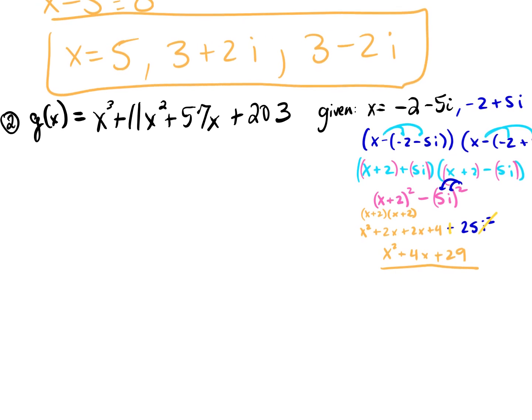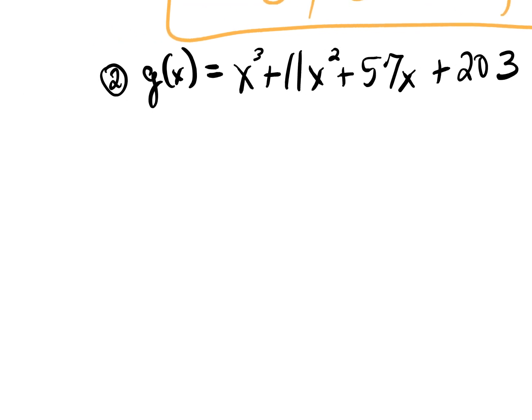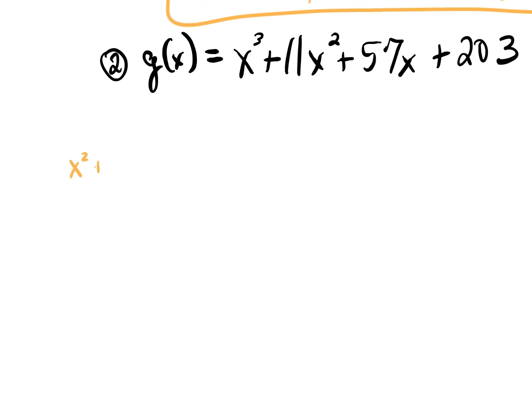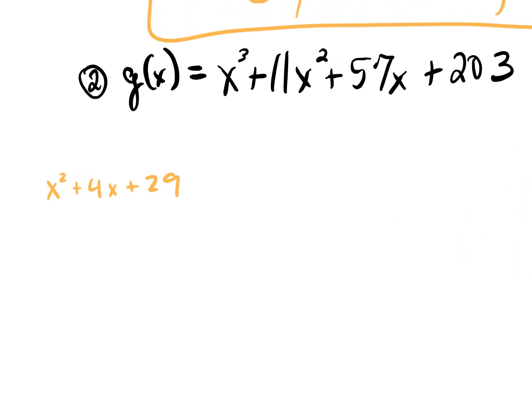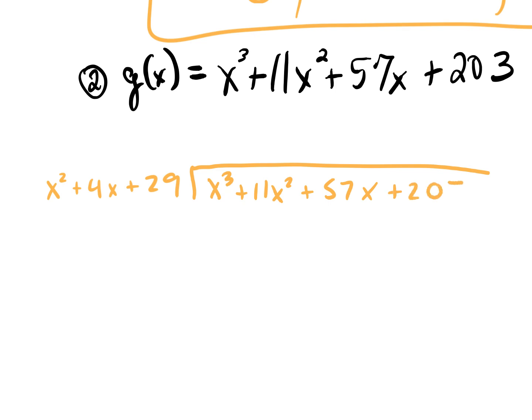How can I find the remaining 0? Long division. So x squared plus 4x plus 29 goes on the outside. And then x cubed plus 11x squared plus 57x plus 203 goes on the inside.